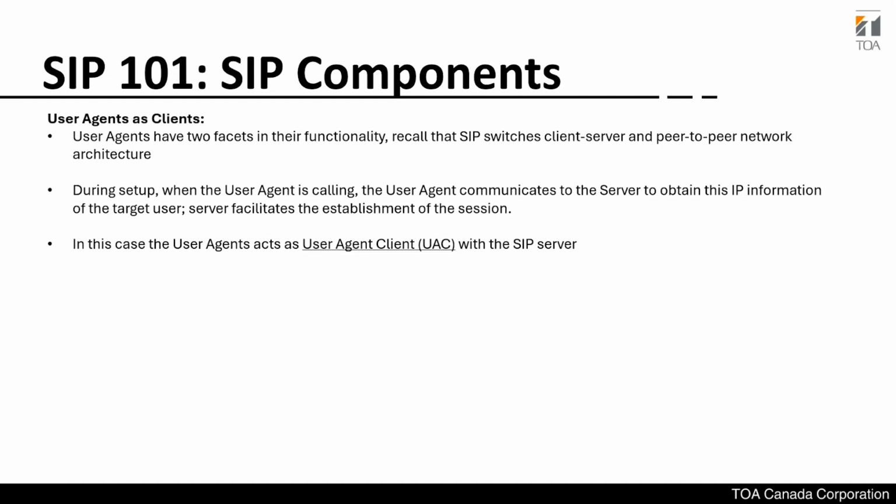Recall that SIP switches between client-server and peer-to-peer network architecture, so user agents can be called a user agent client or a user agent server. In a peer-to-peer model, a user agent client receives requests from another user agent server and vice versa. We'll see this in the next slide.